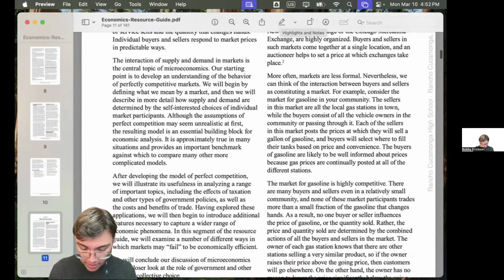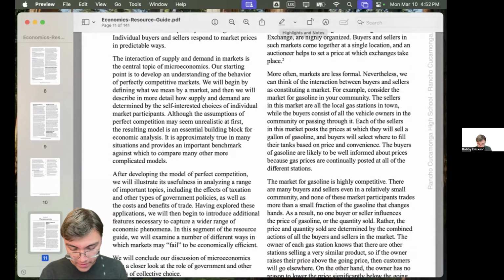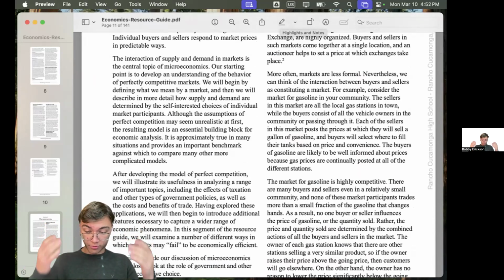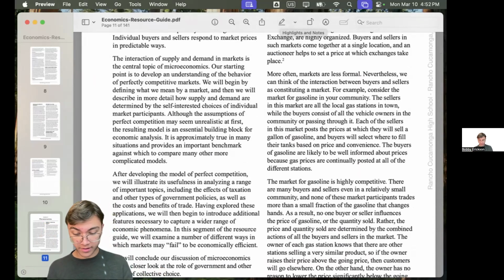So, for example, let's think about the market for gasoline. The sellers are all the local gas stations, and the buyers are the vehicle owners who go through those gas stations. The sellers give the prices, and they will tell the buyers, here's the price for the gas.